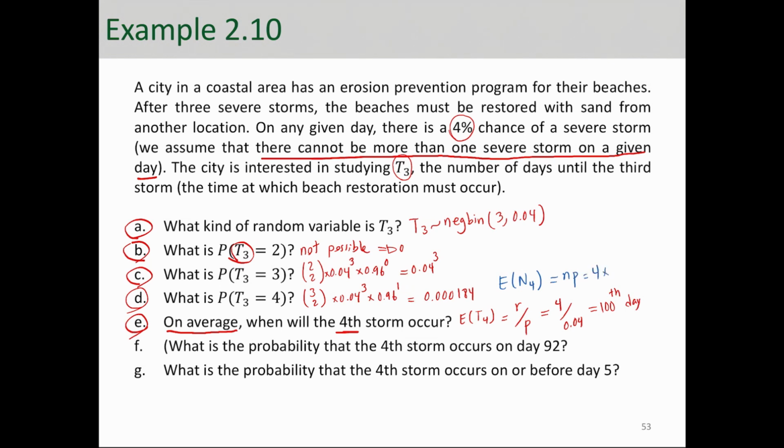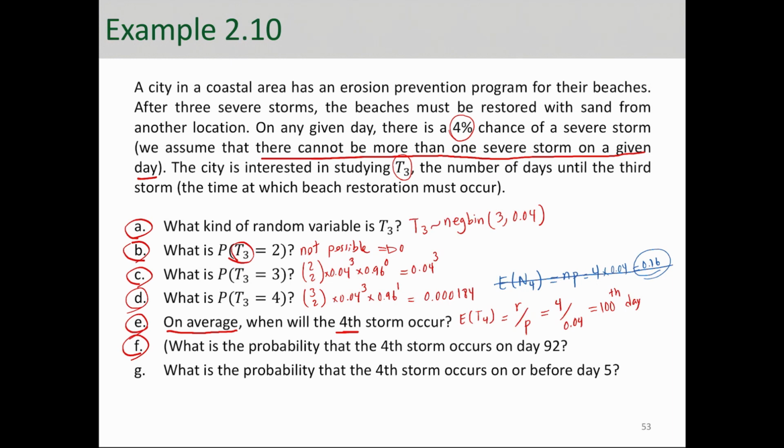It will be 4 times 0.04, which is about 0.16. Well, whenever you get to a number, make sure that it makes sense. On average, when will the fourth storm occur? And you're saying 0.16. What does that mean? 0.16 of a day? And that's not possible. So make sure that whenever you're calculating these probabilities and expected values, the numbers, generally speaking, make sense to you.